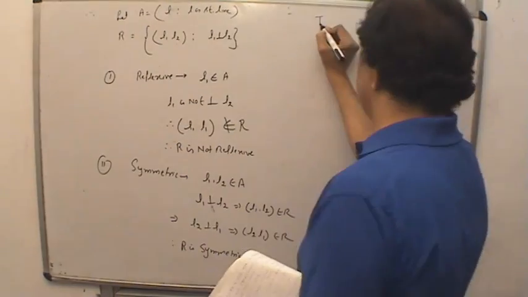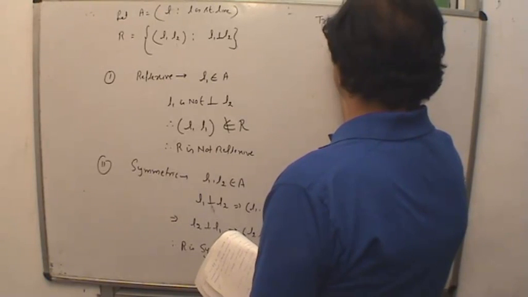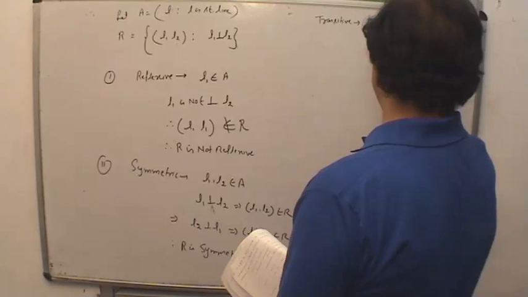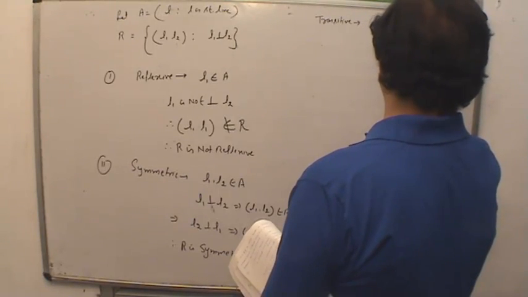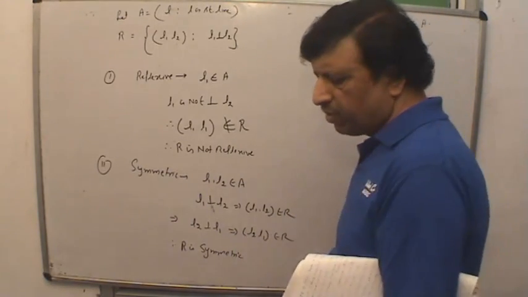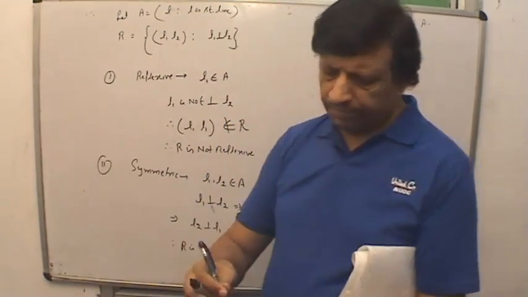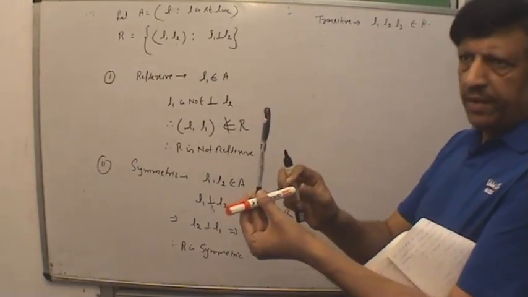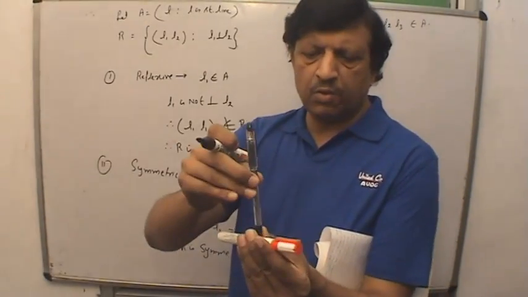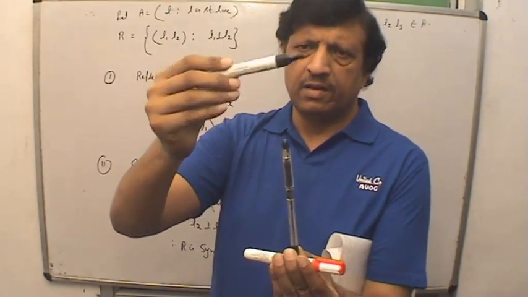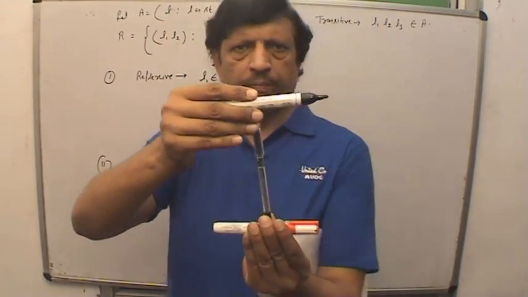Now, for transitive, we require three members of the set, say L1, L2, L3 belongs to A. Again, we consider it with an example. Let us see this blue line. This blue line is perpendicular to red, and this black line is perpendicular to blue.